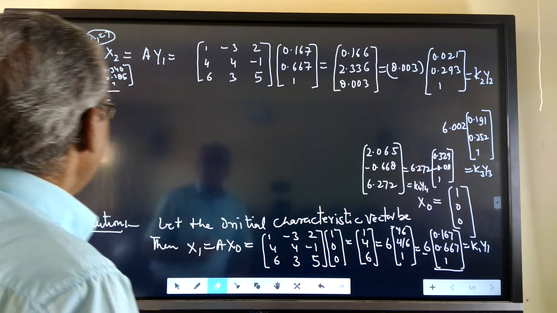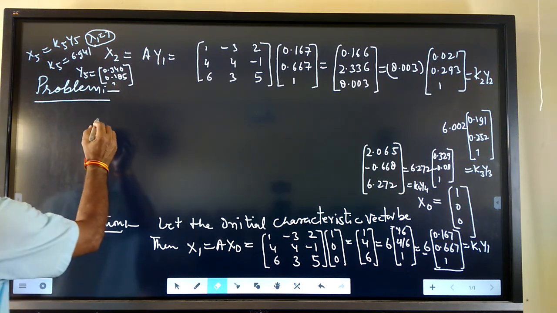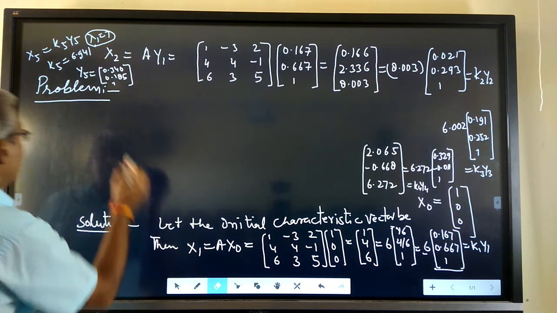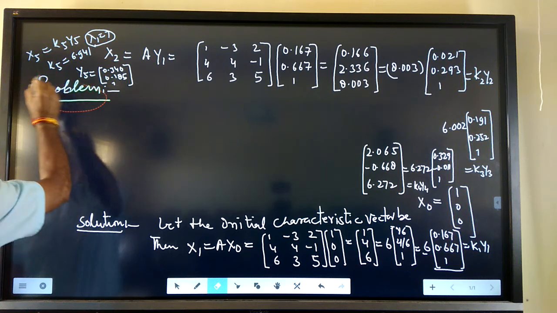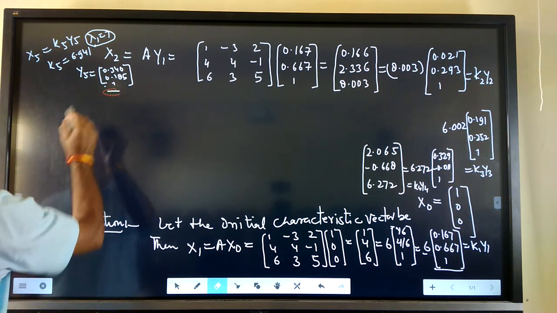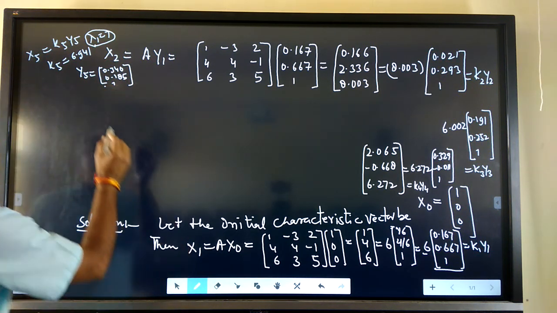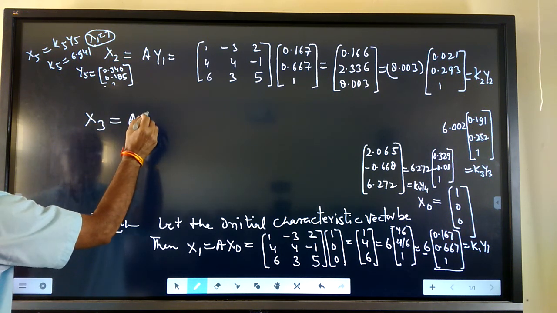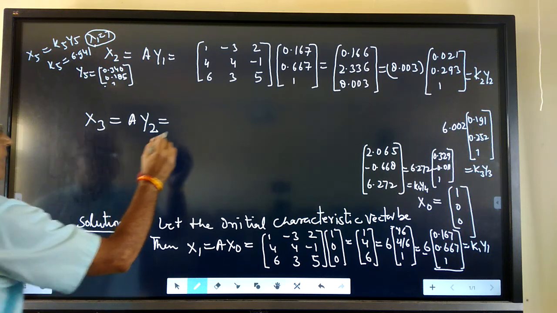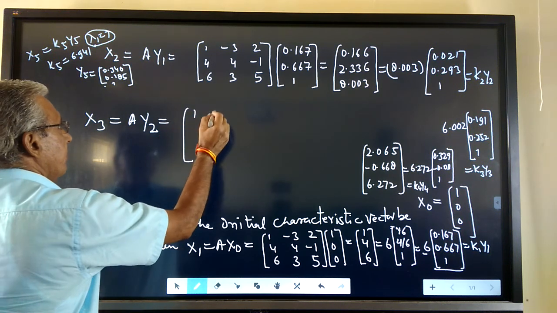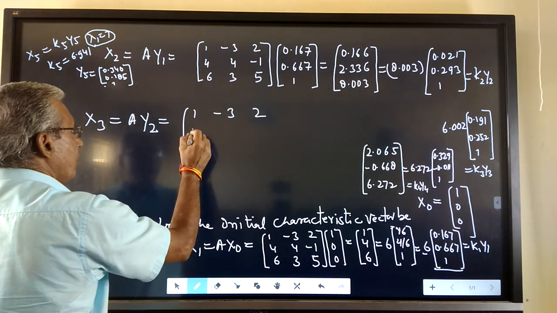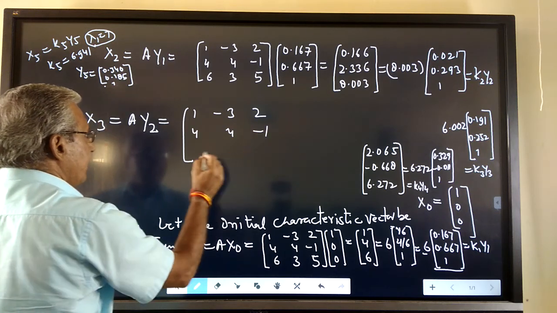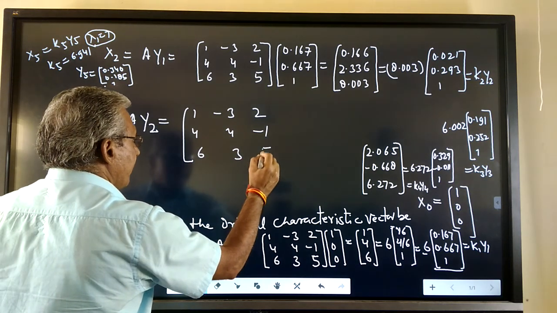The third approximation is given by x3 equals A y2. A is [1 -3 2; 4 4 -1; 6 3 5].